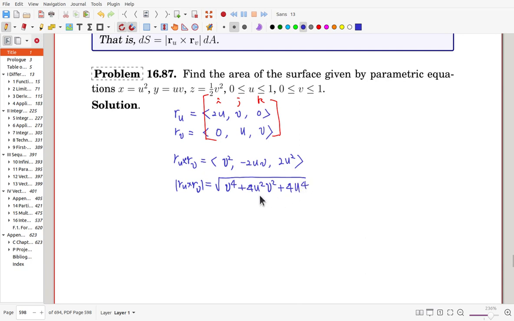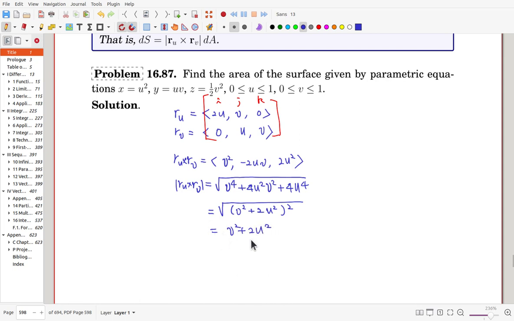Okay. The inside is a perfect square. That is in fact v squared plus 2u squared, squared, right? So that's the same as v squared plus 2u squared.